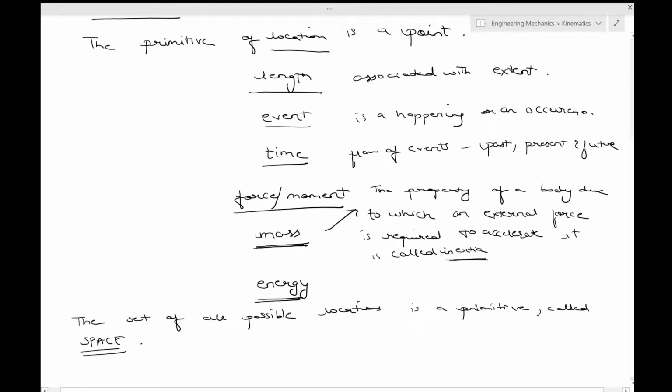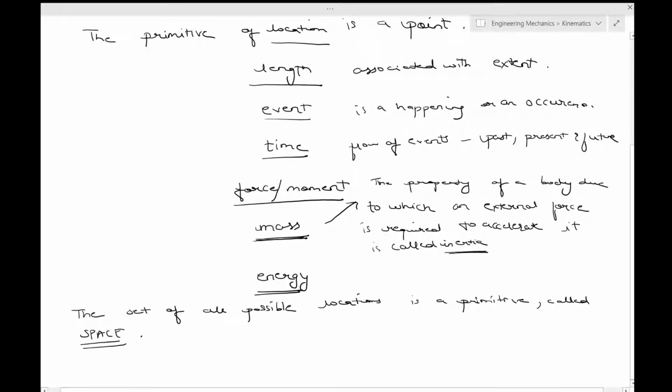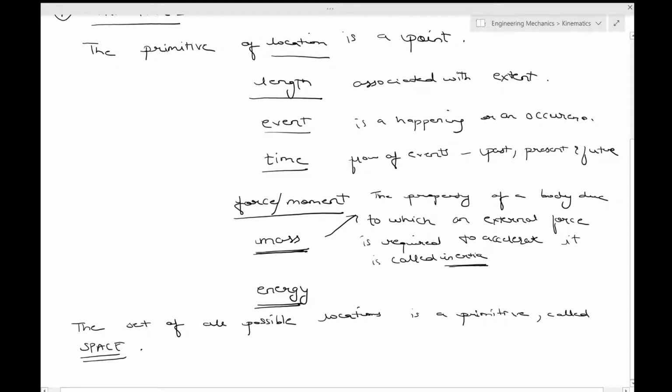Okay, so space is a primitive, and you know what a location is. Okay, the primitive of location is a point. Okay, and using this location you create space, which is basically the set of all possible locations.